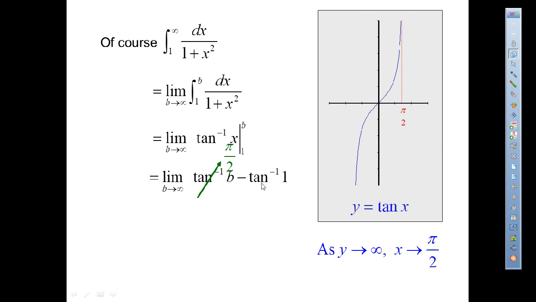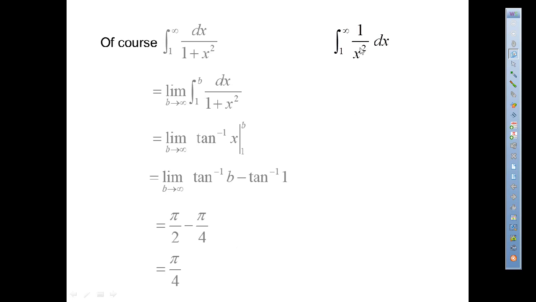And tangent is going to be equal to 1 at pi over 4. So this value is actually going to be pi over 2 minus pi over 4, which is pi over 4. Now understand that's the value that our area is going to approach.